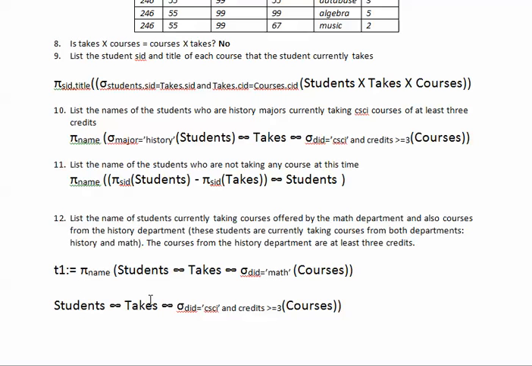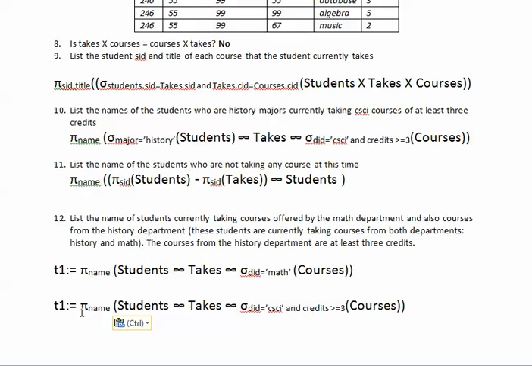Now let's check the next expression. So this is takes, computer science, credits. And here I have, I think, an extra parenthesis too, but I will need it once I do the pi on name. Well, let's do this too. Let's copy this, Control C. So this will be my T2.